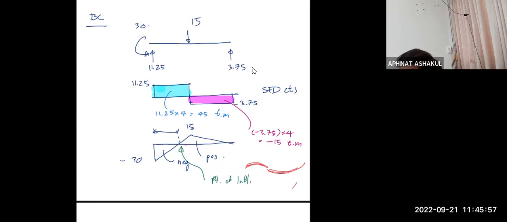It's based on correct bending moment diagram. You guys taking notes here? Let's wait a minute.